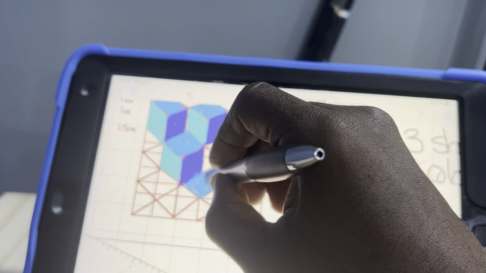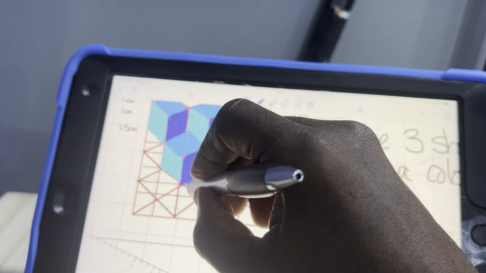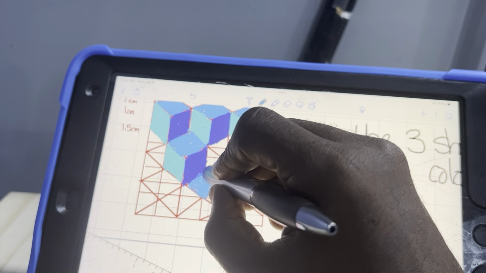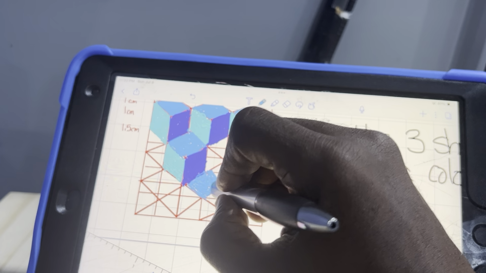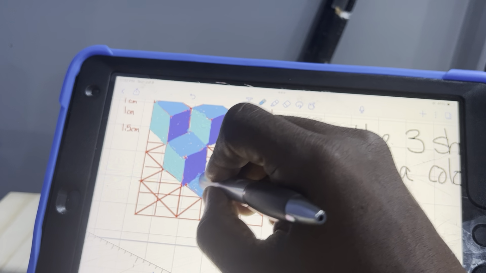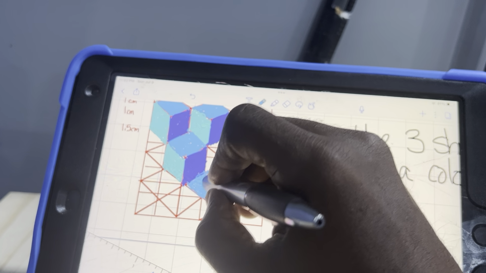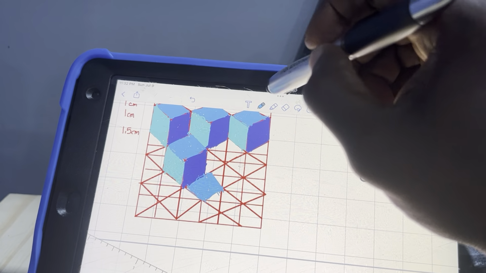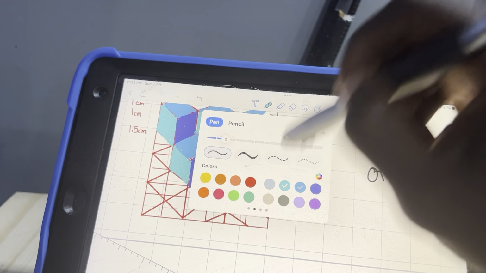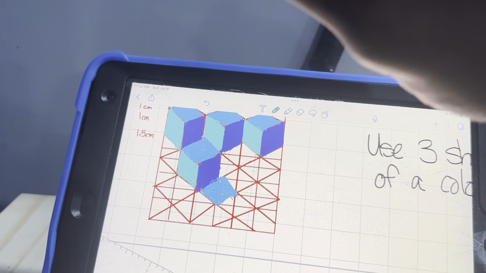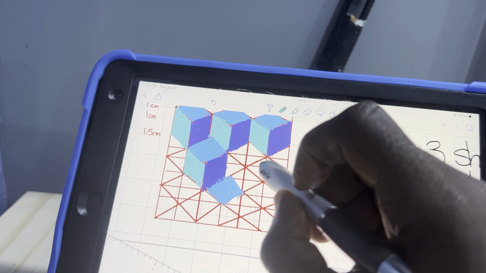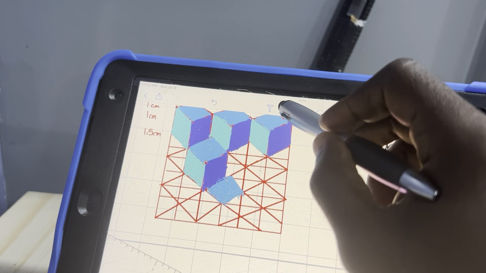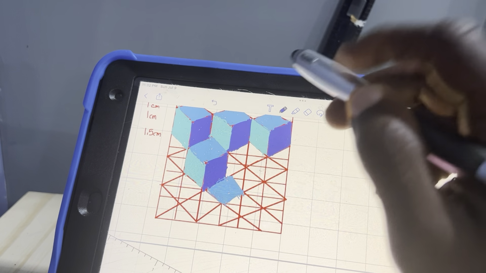So we can do this, you can do this obviously on a device, but you could also just use a ruler, pencil, some colored pencils, and do this also with material. Okay, so now the front is my darker blue. Sorry.